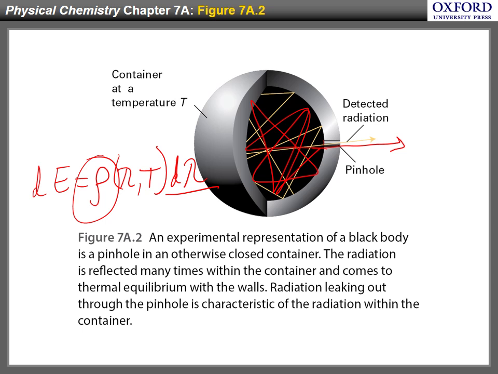So why is there a delta lambda? Because this black body will have lambda plus some delta lambda wavelengths that can create full oscillation within this container. Basically, this container will hold so many different wavelengths that have full oscillation within this container.